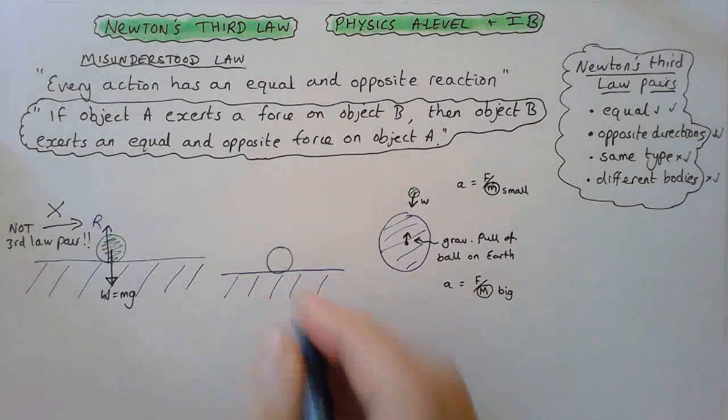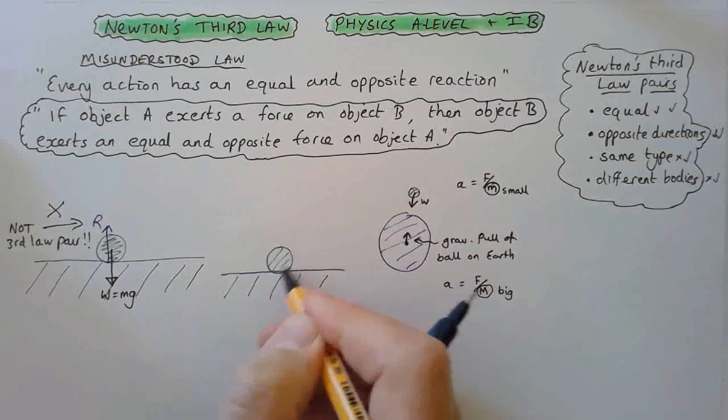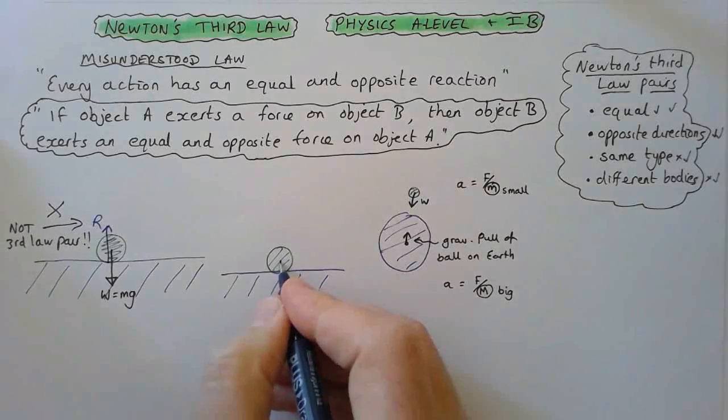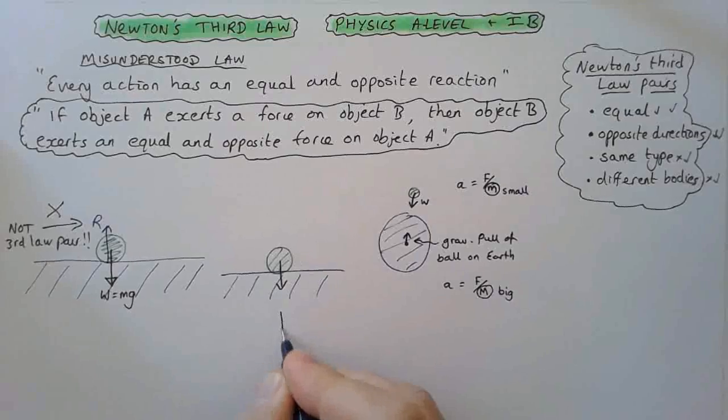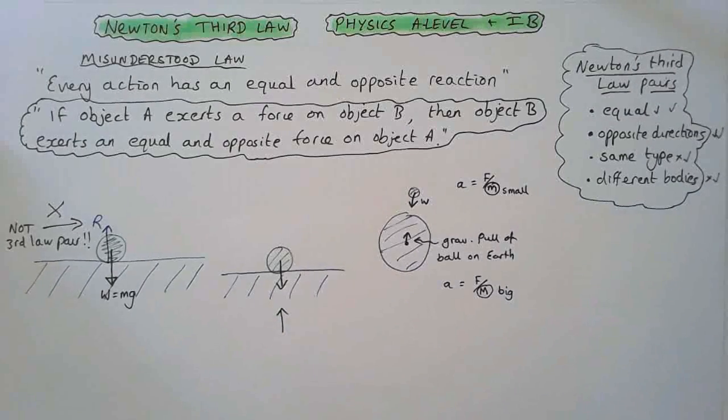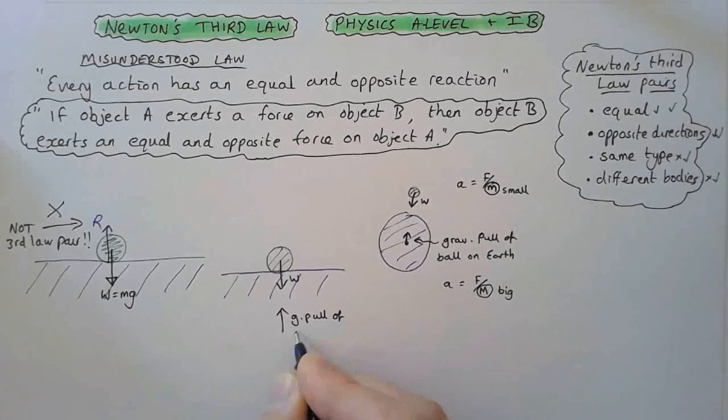Well, I'd just draw the weight of the ball acting downwards, and I'd have to draw the equal and opposite force acting upwards, strictly technically from the centre of the Earth, but obviously I can't fit that on this diagram. So that would be the weight, and this is the gravitational pull of ball on Earth.